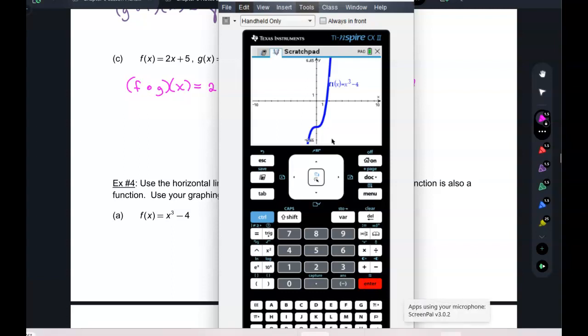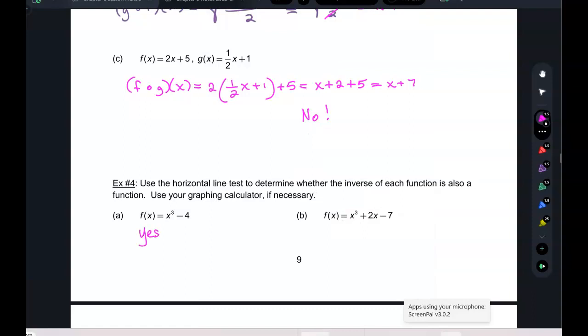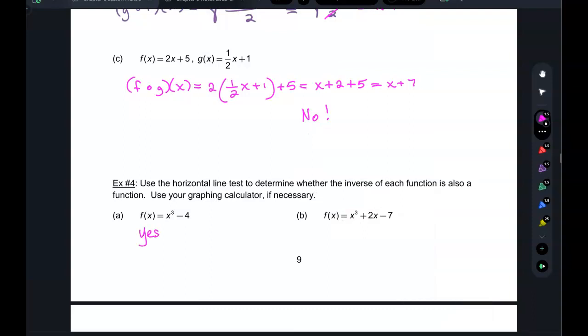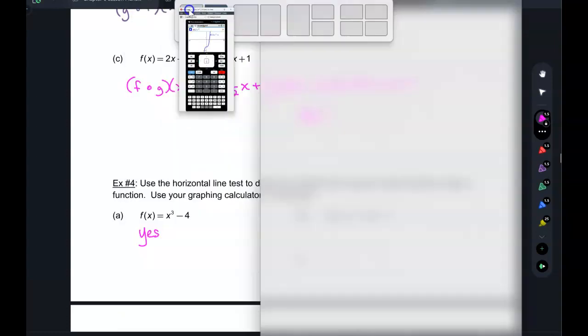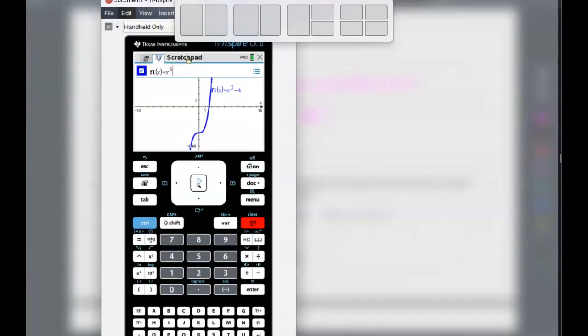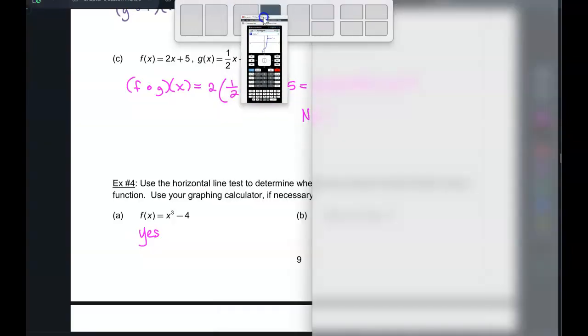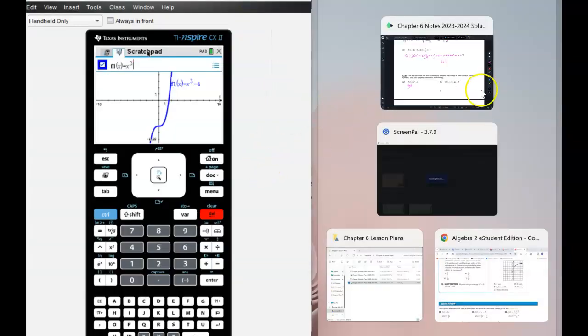So it only crosses one point at most. So this is yes. And the next one, yes. Is it because it's a cube? No, it doesn't matter. Can you give us one that's not a cube? It has to pass the horizontal line test. Right here, it doesn't pass.